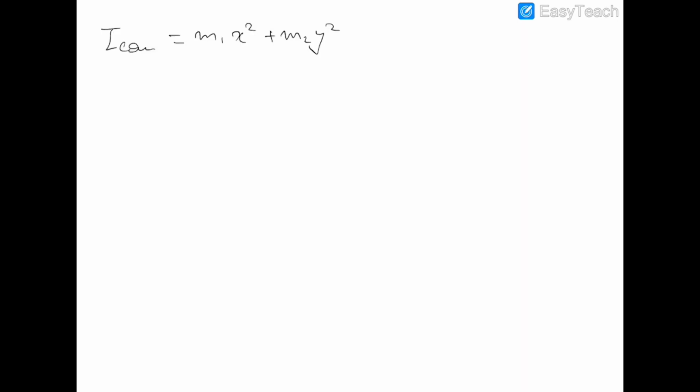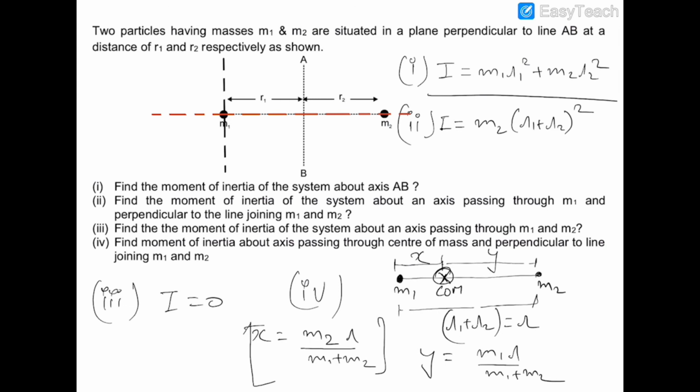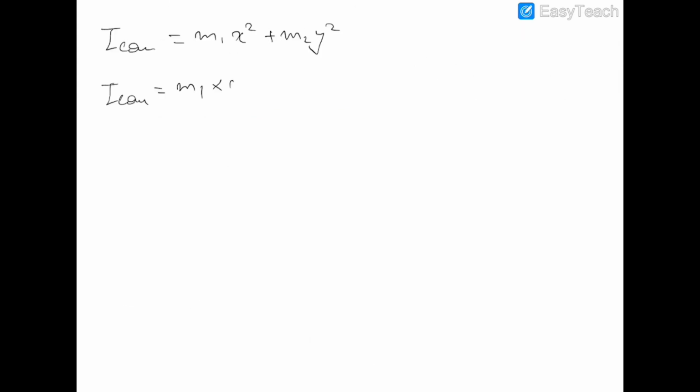So if I substitute the values of m1 and m2, so this is in fact x and y. So x is equal to m2 r upon m1 plus m2. So this is m2 square r square upon (m1 plus m2) whole square, plus this is m1 square r square upon (m1 plus m2) whole square.